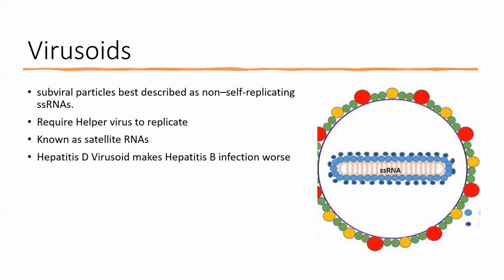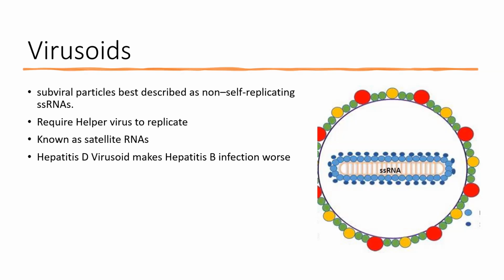Then we have virusoids, which are subviral particles best described as non-self-replicating single-stranded RNAs. The big difference between the viroid and the virusoid is that the viroid has a self-replicating single-stranded RNA genome, and the virusoid is non-self-replicating.